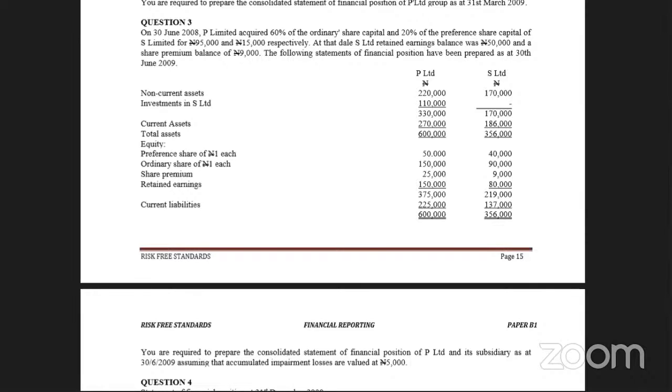Now, why I still retain this question is that the standard has changed, but the exemption clause in that standard might still make an examiner look at this, though it's unfair on students. Once you are not provided with any information relating to the non-controlling interest purchase consideration, it is assumed that the fair value of the purchase consideration of the NCI is at cost, which will be the proportionate method.